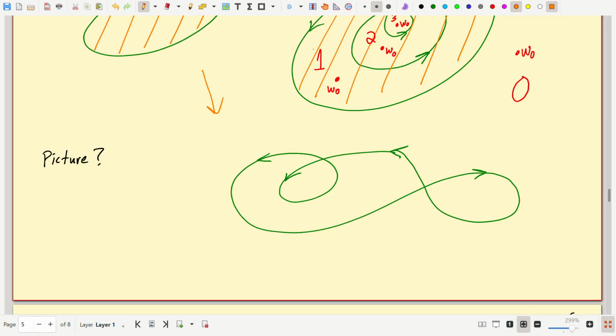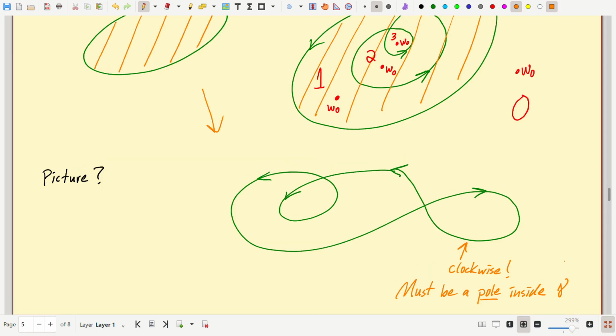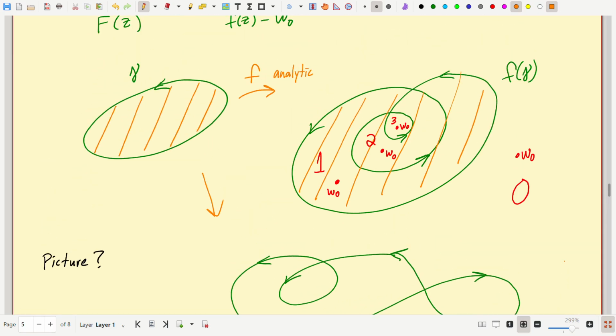This would mean that there must be a pole inside gamma. So when you're dealing with no poles, then this picture is useful. So I'm assuming that f is analytic and has no poles. Then you can do this.